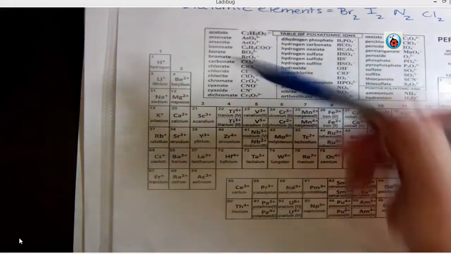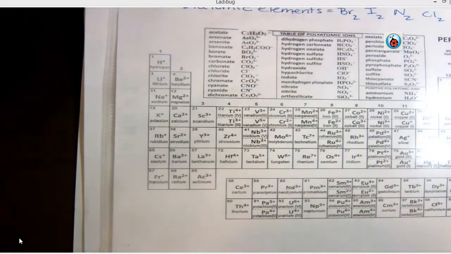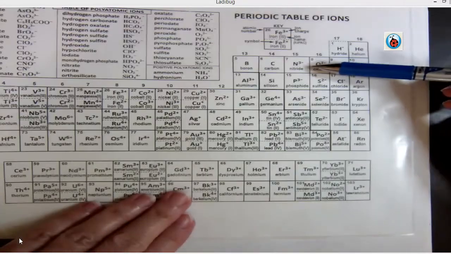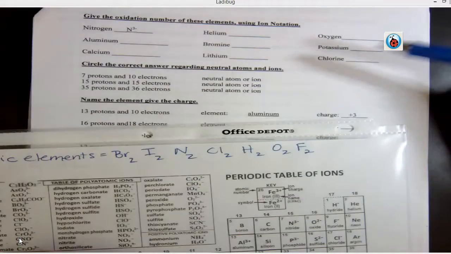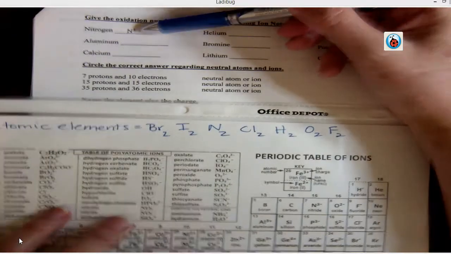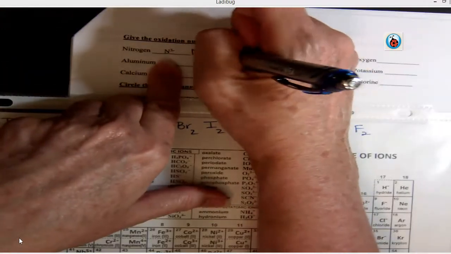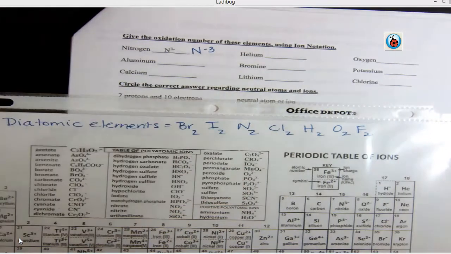If you've lost electrons, you have a positive charge. If you've gained electrons, you have a negative charge. So over here, nitrogen's a nonmetal. Nonmetals gain electrons to become negative charges. So that's why it's a nitrogen 3-. You can also write nitrogen -3. Either way, I tend to write it like this. It just depends.